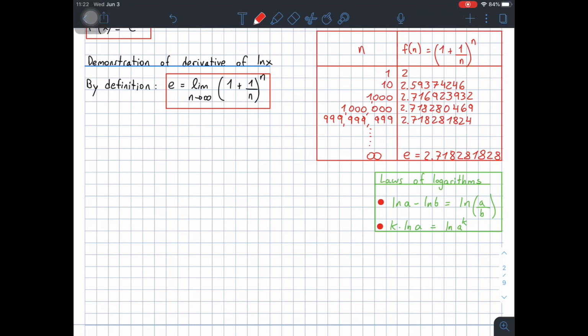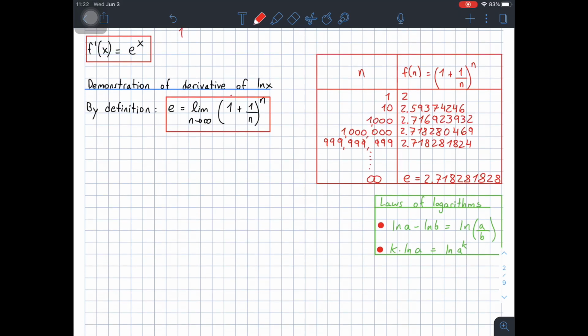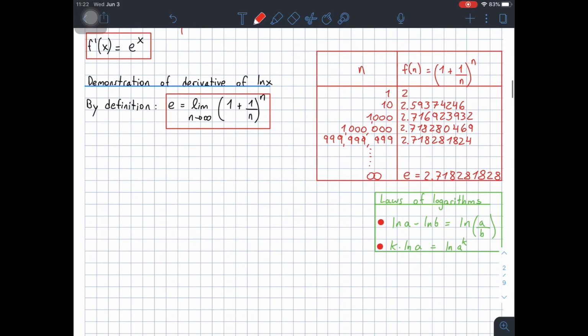So, Euler's number comes from a financial, well, it has a financial application, and basically if you remember the compound interest, it follows this formula, okay? 1 plus 1 over n to the power of n, okay?